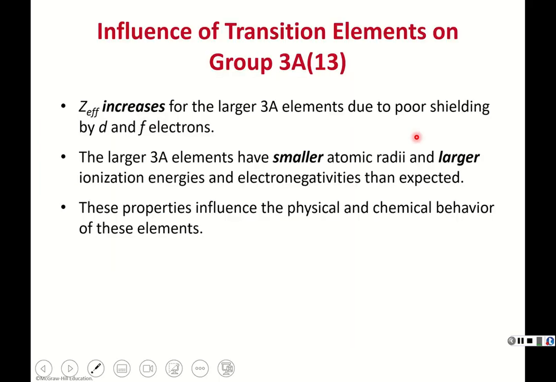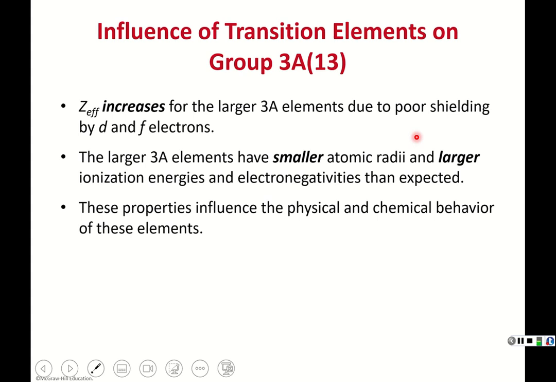All right. So for this group and some others as we move along, the effective nuclear charge increases for the larger elements, the ones that are further down in the group, and that's due to poor shielding by the d and f electrons. We talked about this a little bit when we were talking about transition metals and inner transition metals, but here it manifests itself.